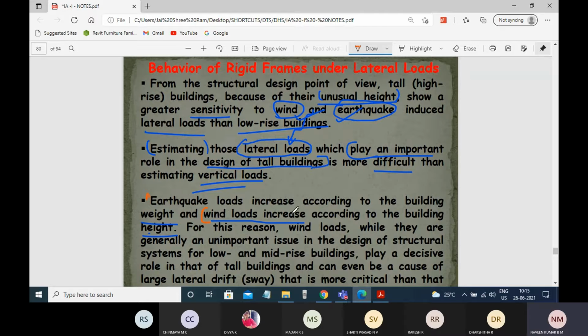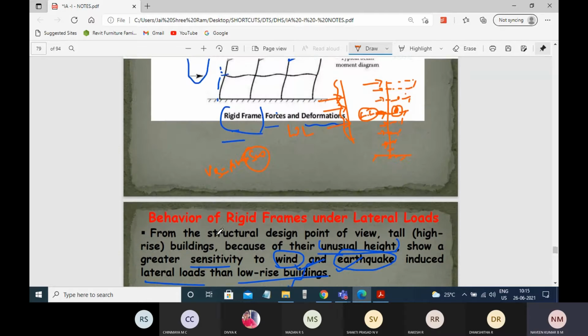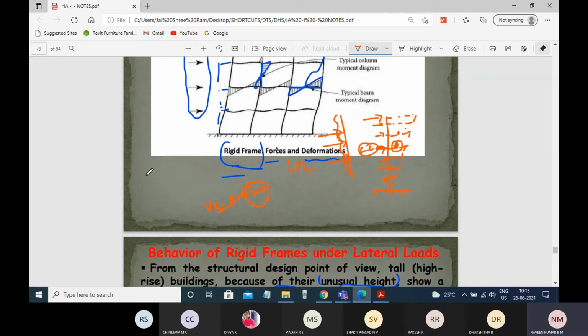Whereas wind load increases according to the building height. As you know, K2 is the topography, terrain factor that we considered, the terrain category. That will be considered in order to find the wind pressure, that is Pz equals K1 times K2 times K3 times K4 times Vb, where Vb is the basic wind speed.